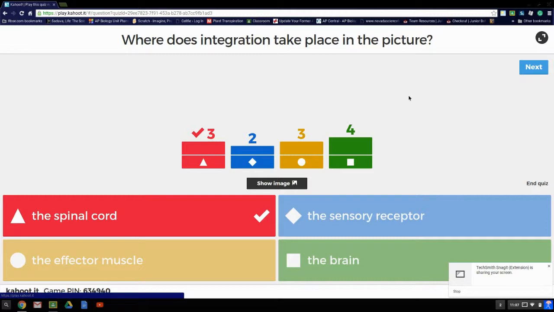Because it is being processed. It can take in the sensory information and relay it directly out. So integration happens in the spinal cord, as well as the brain. Most integration happens in the brain.